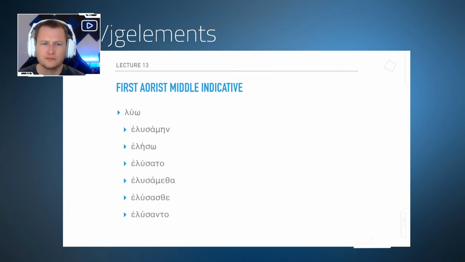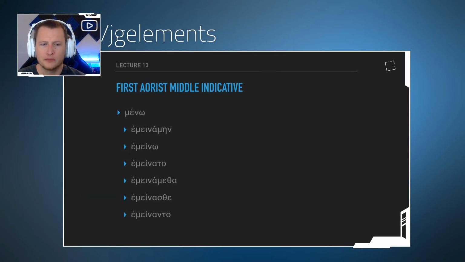So middle, we would just translate it reflexive for now. I destroyed myself. You destroyed yourself. He destroyed himself. We destroyed ourselves. You all destroyed yourselves. They destroyed themselves. Here's meno in the middle.